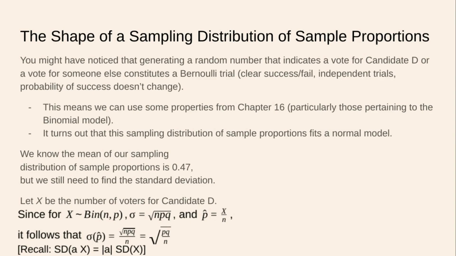The standard deviation of a constant times a random variable is that constant, assuming it's positive, or we make it positive, times the standard deviation of the random variable.